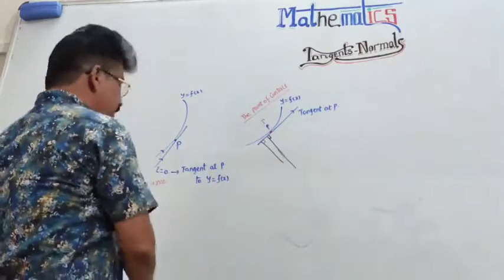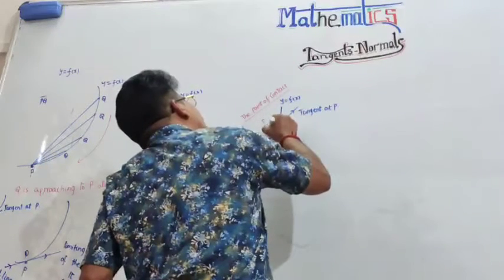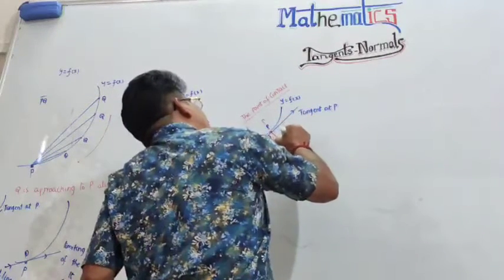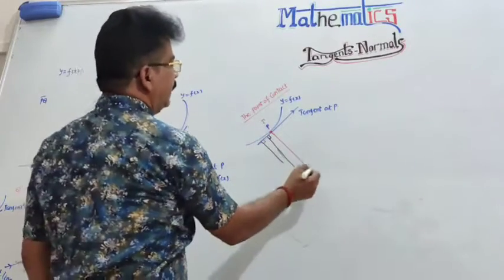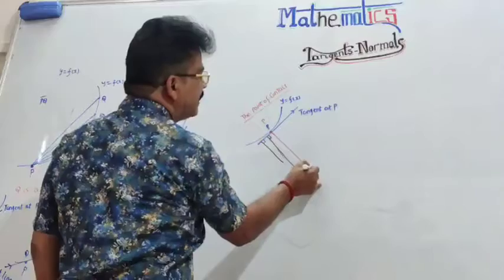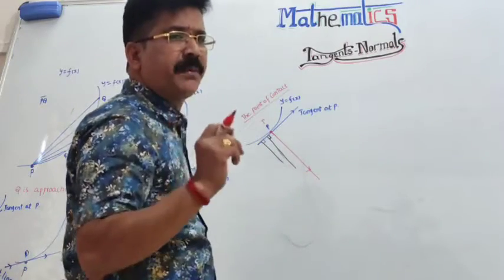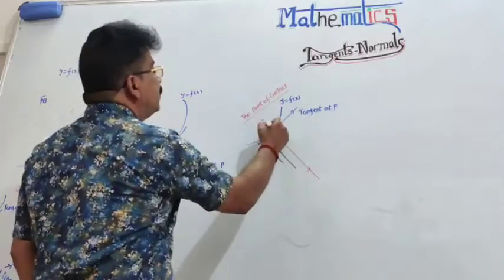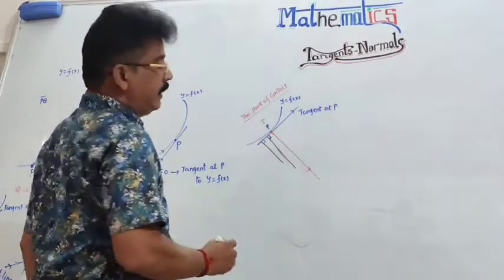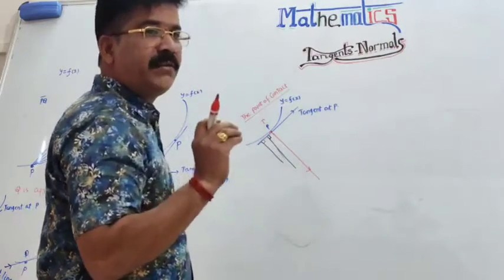Next, I will draw a particular straight line which is perpendicular to the tangent, just like that. This perpendicular line has one separate property. It is passing through the point of contact. The other lines are not passing through the point of contact.